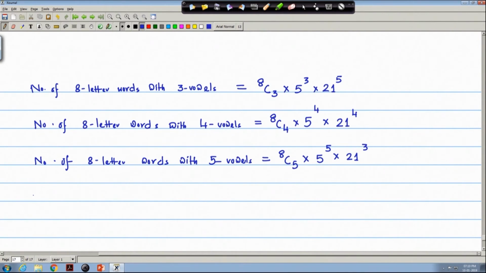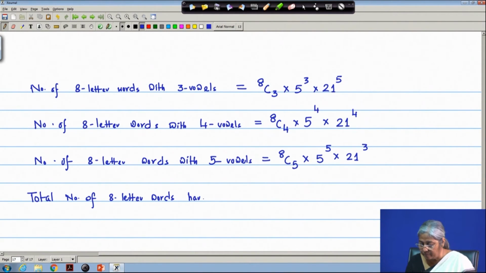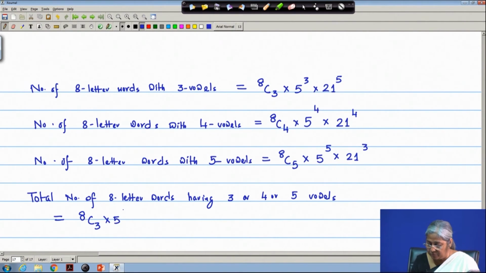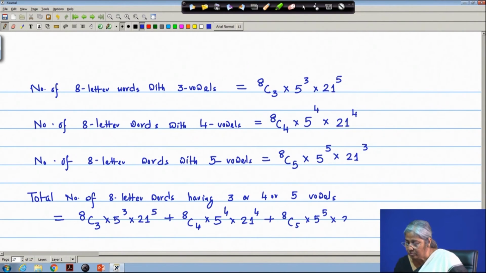So, the total number of words having 3 or 4 or 5 vowels is equal to the sum: with 3 vowels, 8C3 into 5 to the power 3 into 21 to the power 5, plus 8C4 into 5 to the power 4 into 21 to the power 4, plus 8C5 into 5 to the power 5 into 21 to the power 3.